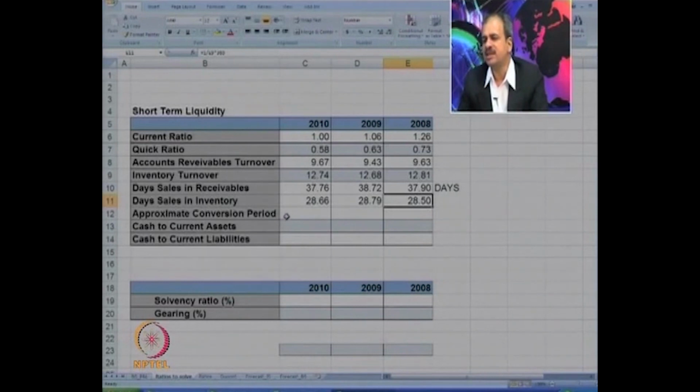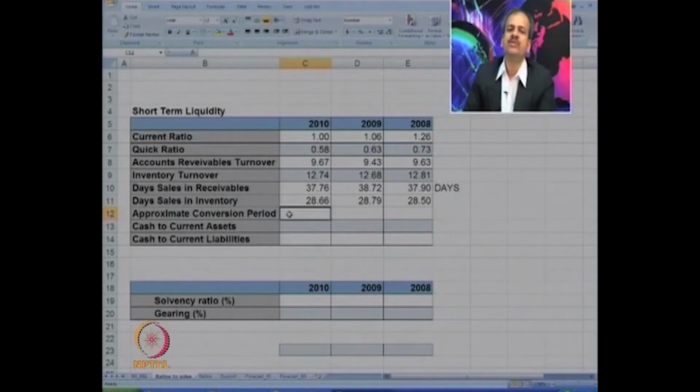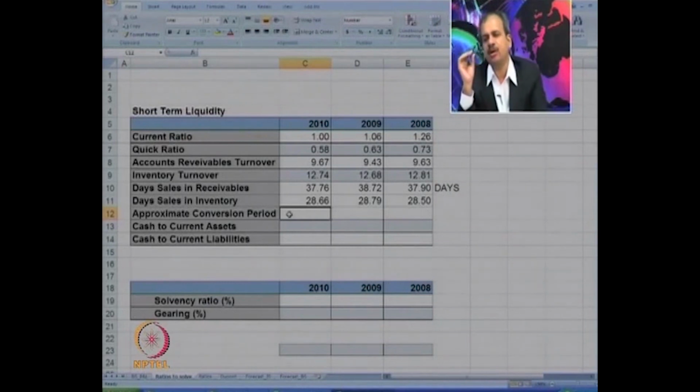Next is the approximate conversion period. By conversion period, we try to link the total of current assets versus sales. So we know how many days the money is blocked in each of the current assets. In this case we have got 28 days in inventory and another 37 days in receivables.